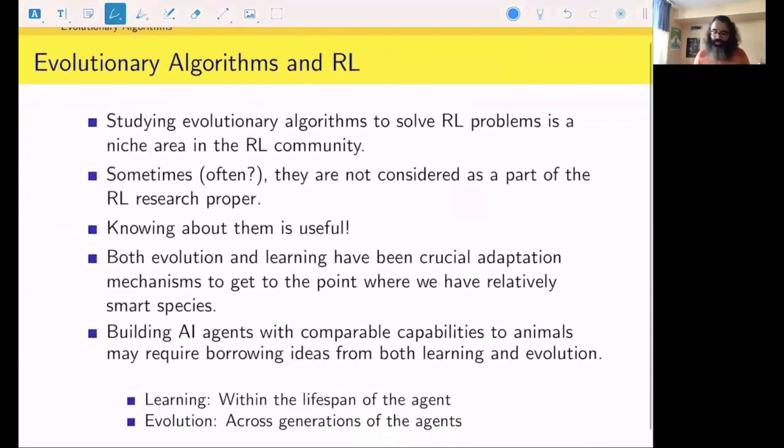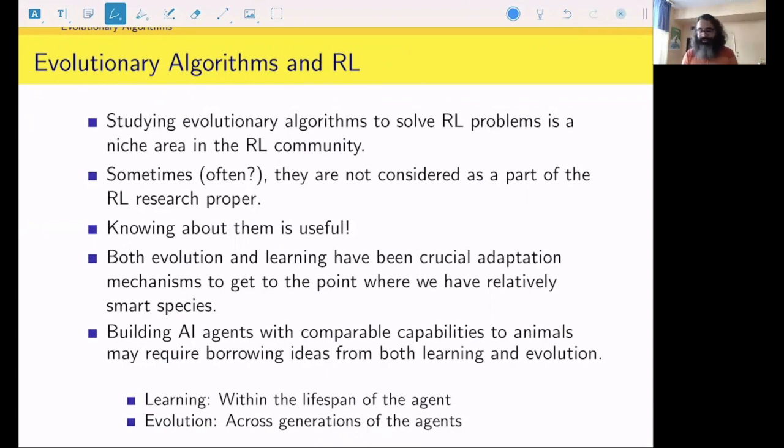One other comment is that studying evolutionary algorithms, or using them to solve reinforcement learning problems, is a very niche area in the RL community. Some researchers have used evolutionary methods to solve these problems within the RL community, but there are only a few. Of course, there are more in the evolutionary computation field who use evolutionary algorithms to solve RL problems.